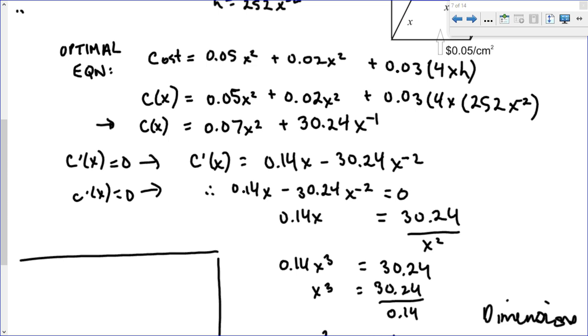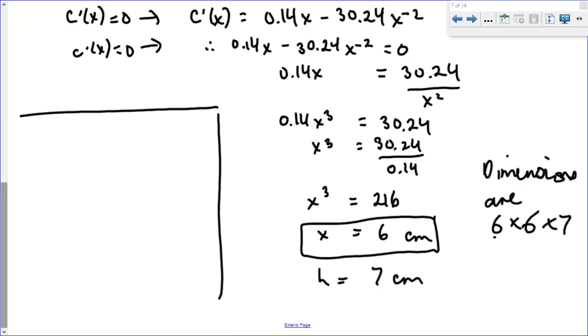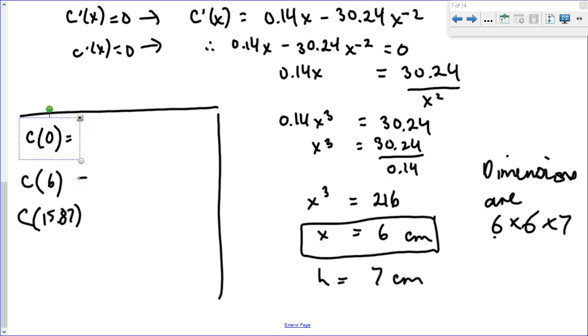I want to find the cost at just really close to 0, the cost at 6, which should be my minimum cost, and the cost at the other endpoint, about 15.87, which was the square root of 252.